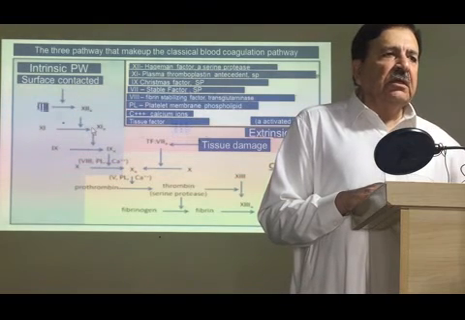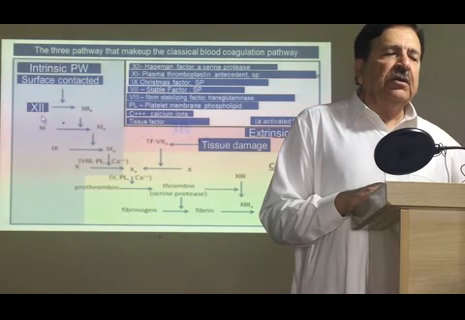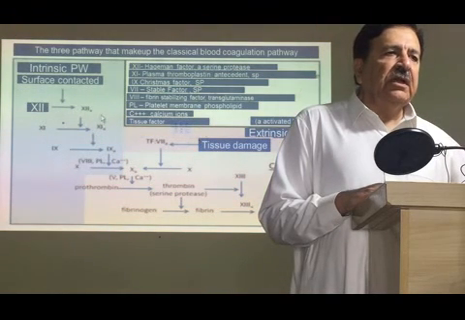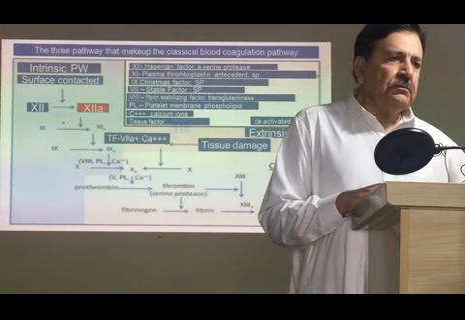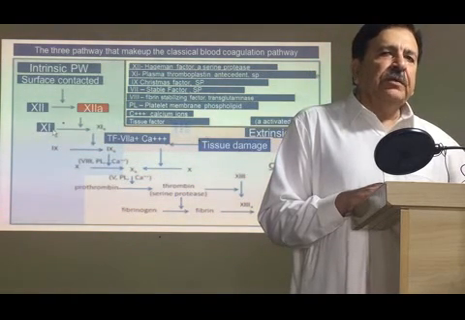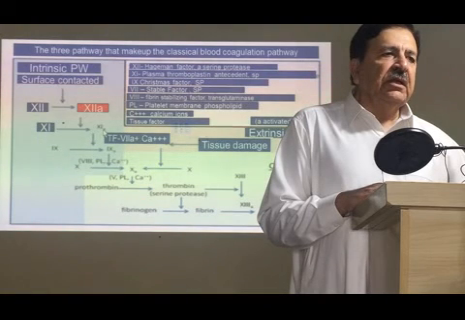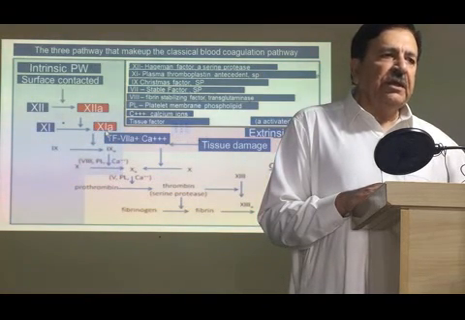When the intrinsic pathway is activated, it acts on factor 12 and converts it into activated factor 12. This activated factor 12 then acts on factor 11 and converts it into activated factor 11.